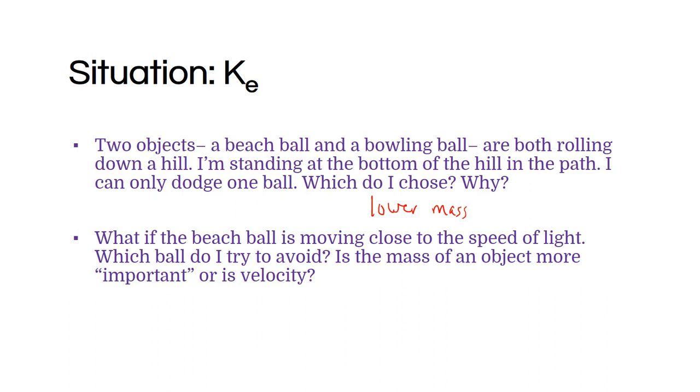And the answer is, even if you had somebody talented or lucky enough to hit the ball, it's not a good situation for anybody because the impact of something moving that quickly hitting another object would cause essentially a ripple effect where the entire world, actually the universe, gets destroyed because it's such a high energy collision. So if I have to avoid one or the other, I am going to avoid the beach ball because it is moving so, so fast that it will destroy the universe if it hits me.